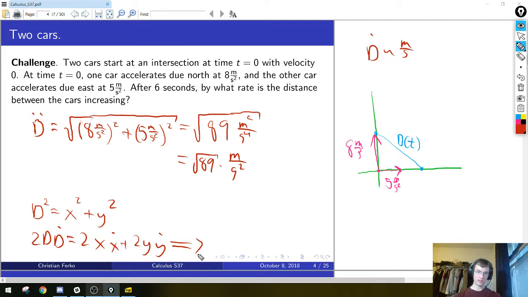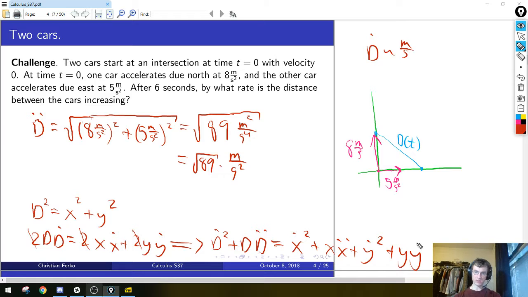Then if I took another dot, after killing all the 2's, I would have, product rule on the left, d dot squared plus d double dot equals, same thing here, x dot squared plus x double dot plus y dot squared plus y double dot.